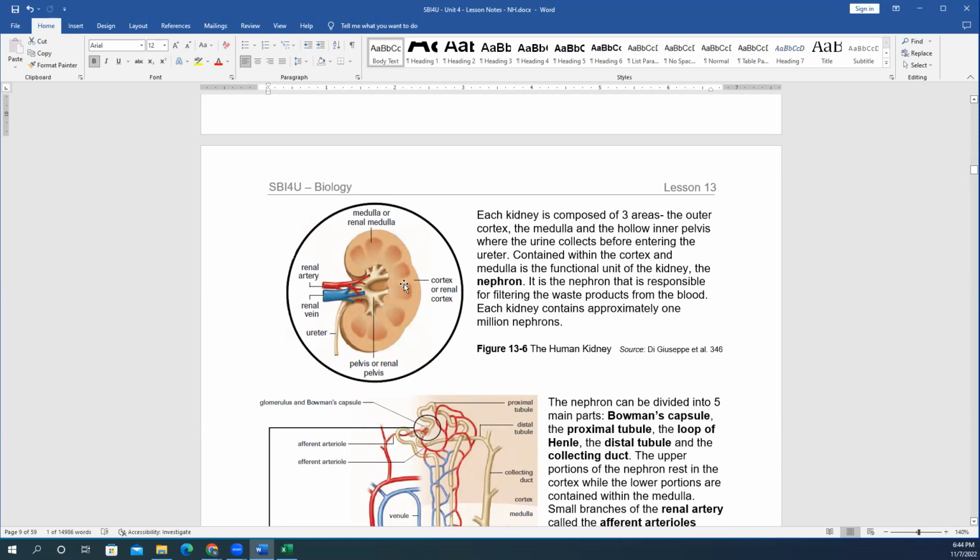The next part is the medulla, or the renal medulla. And finally, there is the pelvis, or the renal pelvis, which is the area where the ducts collect urine and eventually drain out to the ureter.